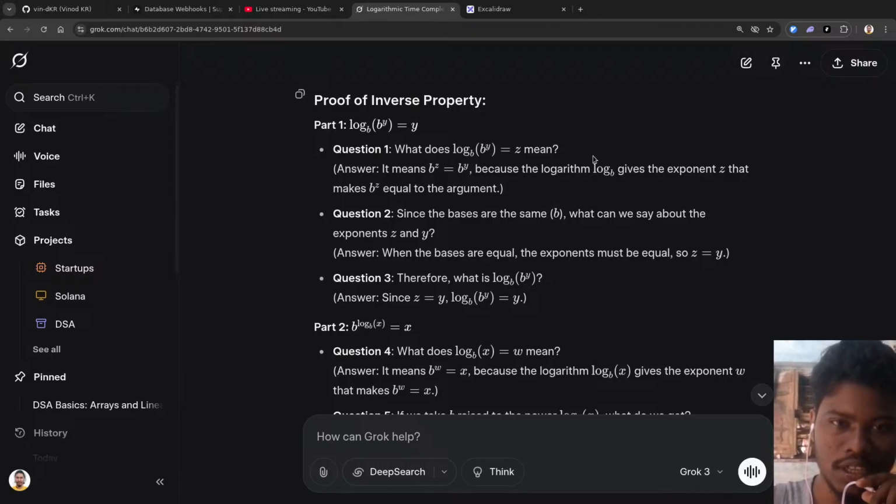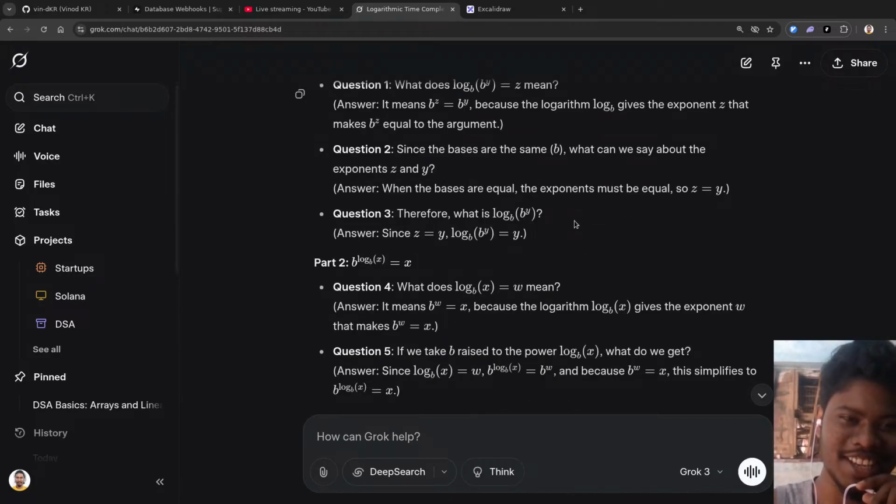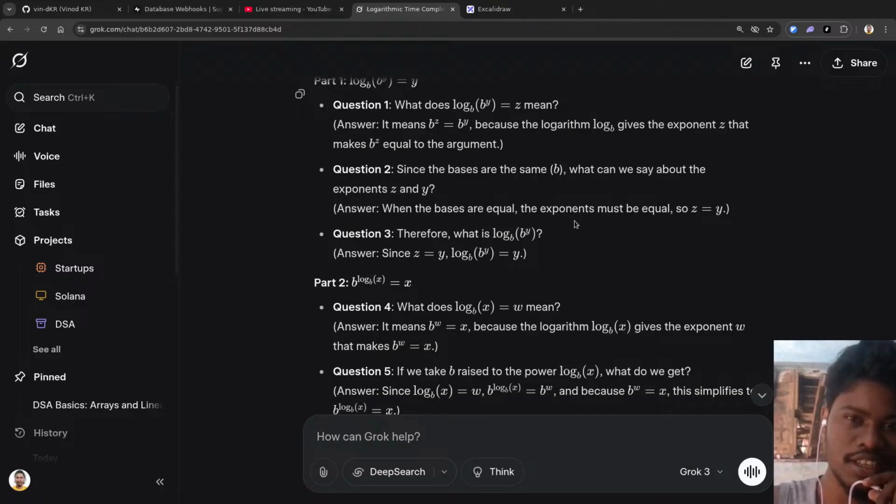That means p raised to the power z is equal to p raised to the power y. Question 2: since the bases are the same, the exponents should be the same. That's why z is equal to y.